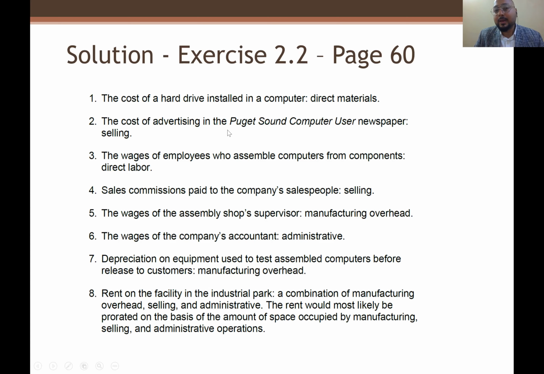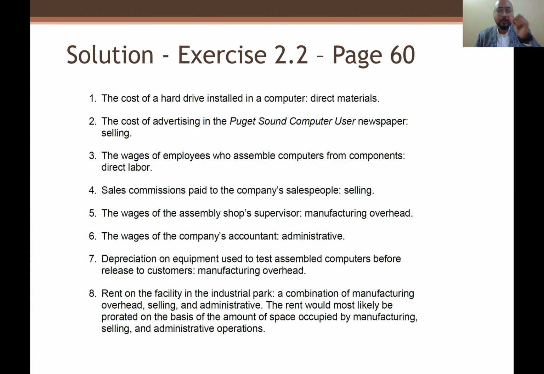Similarly, the cost of advertising in the Puget Sound computer using newspaper, advertising, always selling, right? Similarly, the wages of employees who assemble computers from components, right? Assembly line workers in the production line.